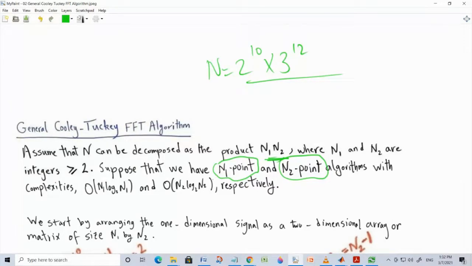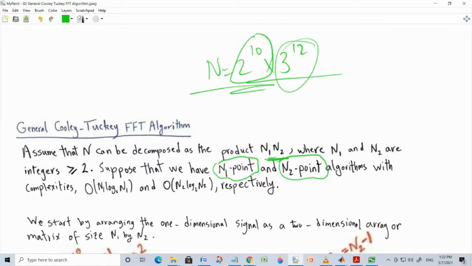Efficient algorithm, we understand now in the context of DFT, means order n log n. So in something like this, we already know an algorithm that will deal efficiently with the case in which the number of points or the number of samples is a power of 2. We have another algorithm with which you can handle efficiently the case when n is a power of 3.